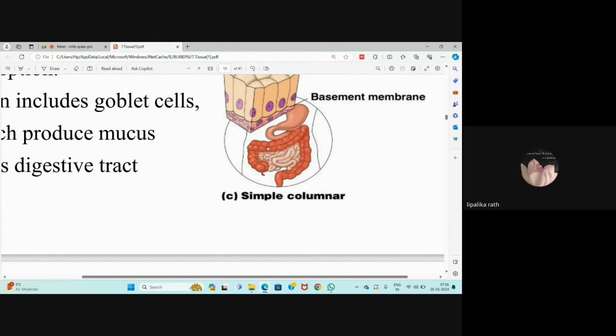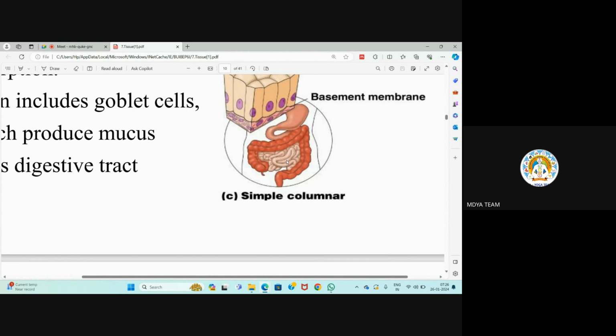So on the inner walls of the small intestine we can see finger-like projections that are known as villi, and that helps in the absorption of nutrients which have been digested in the stomach, with pancreatic juices, and all these things.